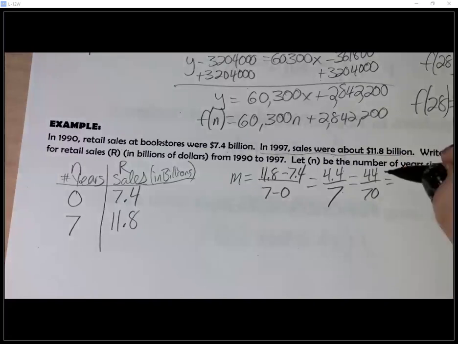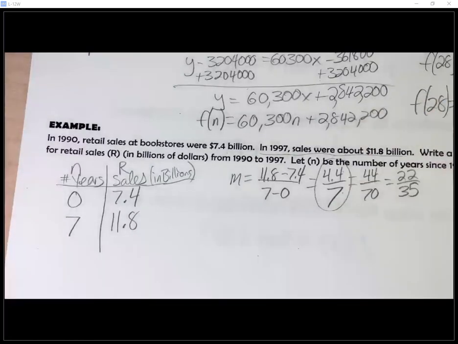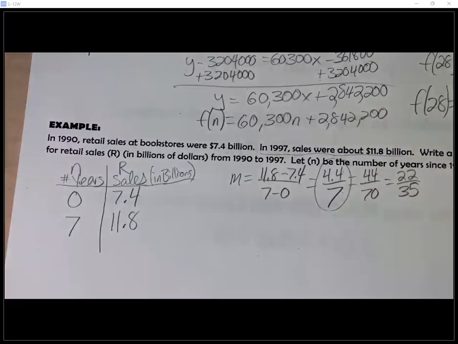So now I can reduce this to 22 over 35. If you left it in decimal, that's fine. Doesn't matter. We're so trained to not have decimals in our fractions, even though mathematically it's literally the same number. So I don't particularly care, especially because your final answer is going to have a decimal in it anyway.